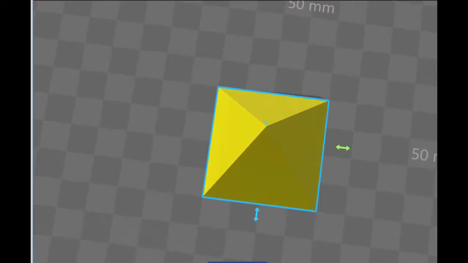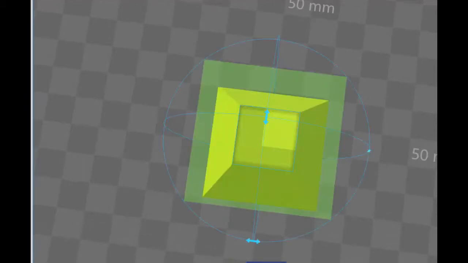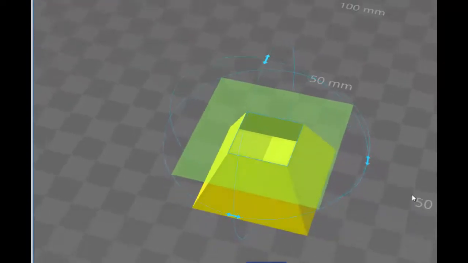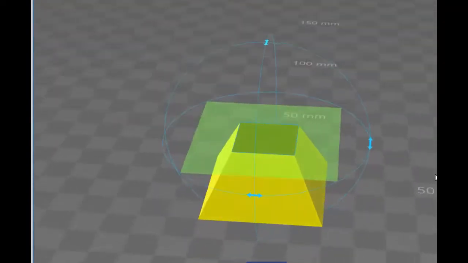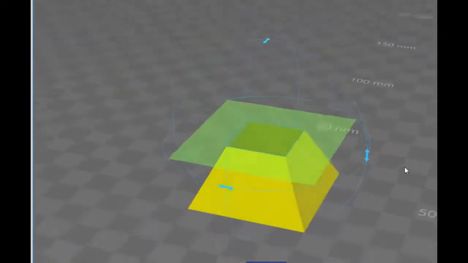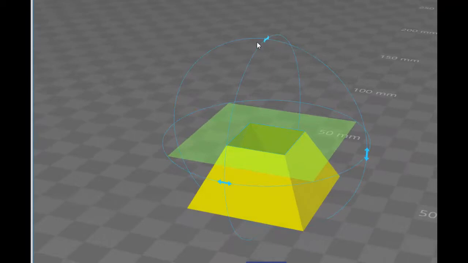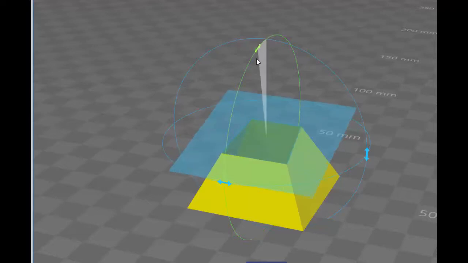Now let me introduce the horizontal plane. When I have a horizontal plane on this pyramid, you'll see the bisect cut within that pyramid has essentially cut off the top of the pyramid so that we can see the product of the cut. The product of the cut when we do a horizontal cut is going to be a square.